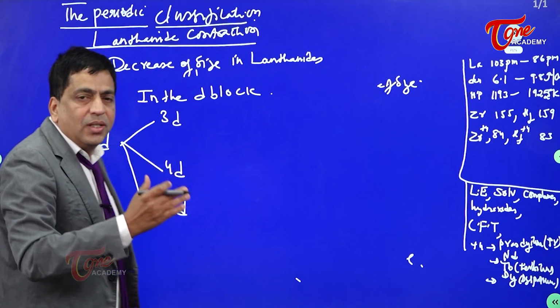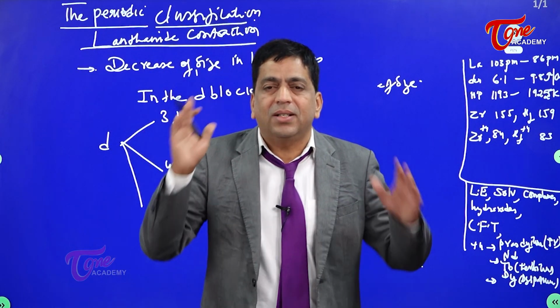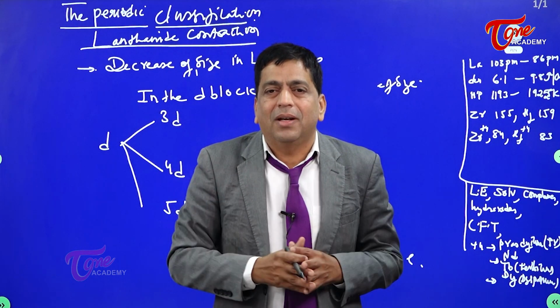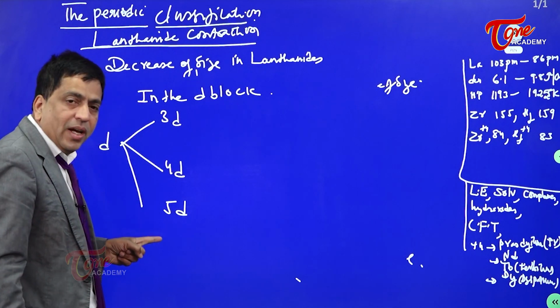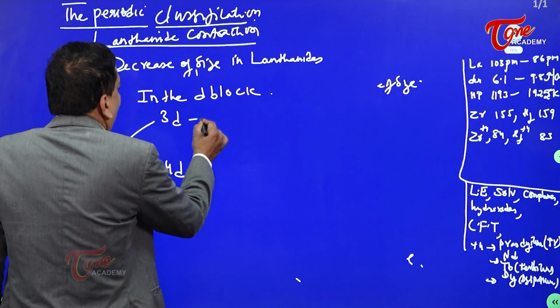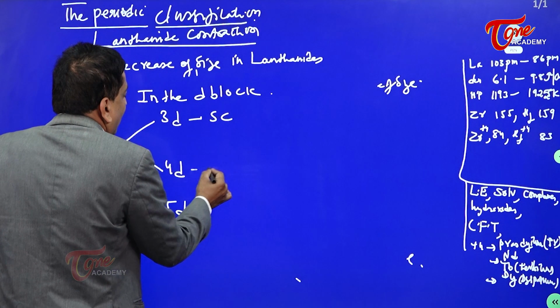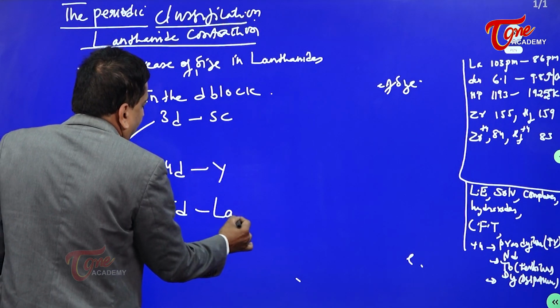Understand where lanthanum is. In the D block you have the 3D series, 4D series and what? The 5D series. This starts from scandium, yttrium, and here is lanthanum.